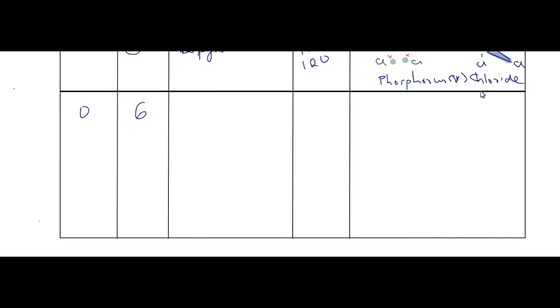Sulfur has 6 electrons, so 1, 2, 3, 4, 5, 6, and it's often bonded with fluorine. Right? So in sulfur hexafluoride, you are going to have 6 bonded pairs of electrons.